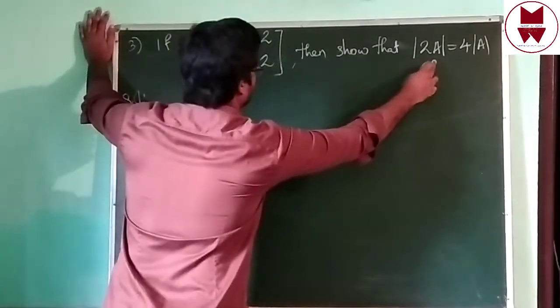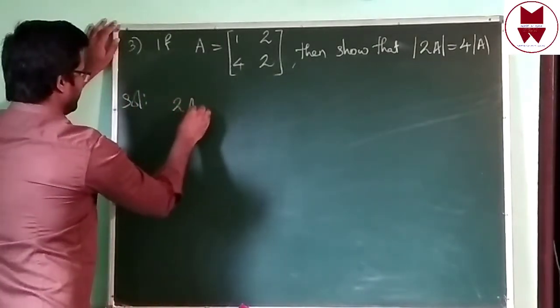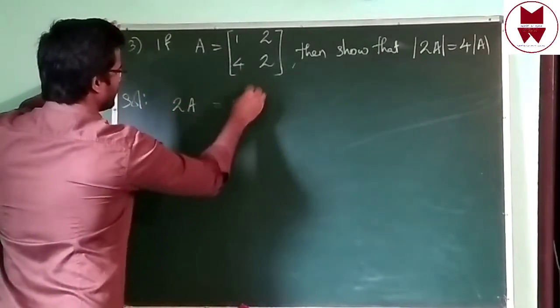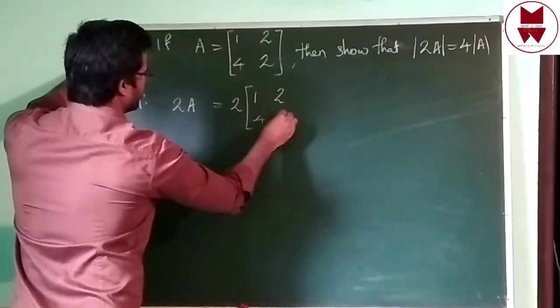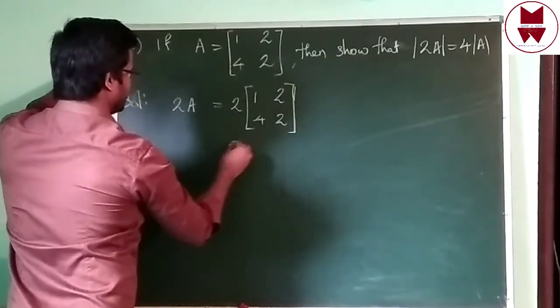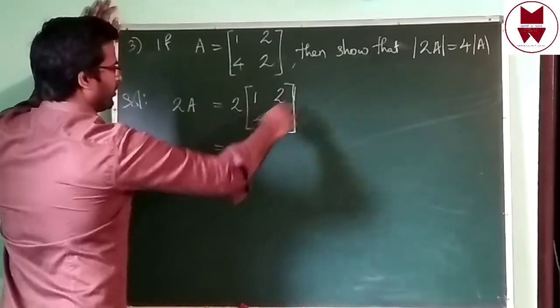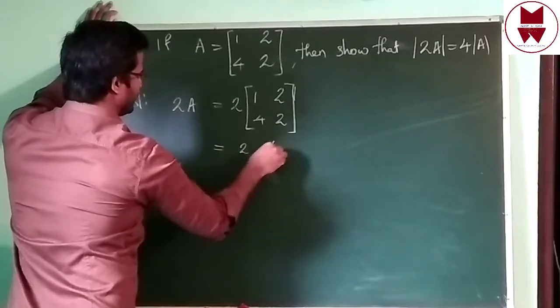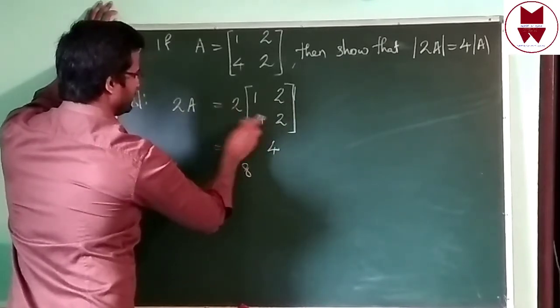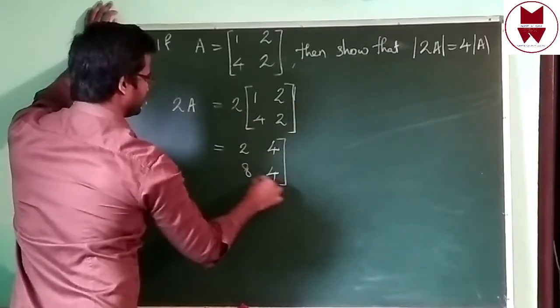First find 2A. 2A equals 2 into A, the given matrix 1, 2, 4, 2. Multiply all the elements by 2: 2 into 1, 2, 2 into 2, 4, 2 into 4, 8, 2 into 2, 4.